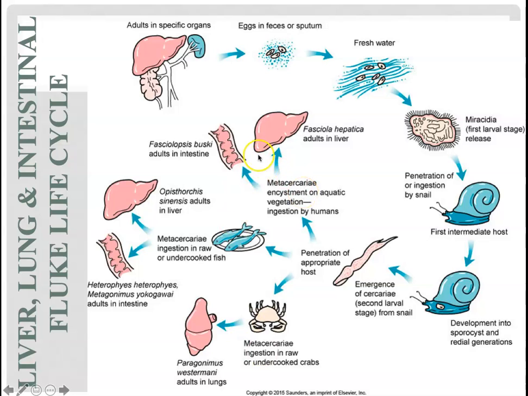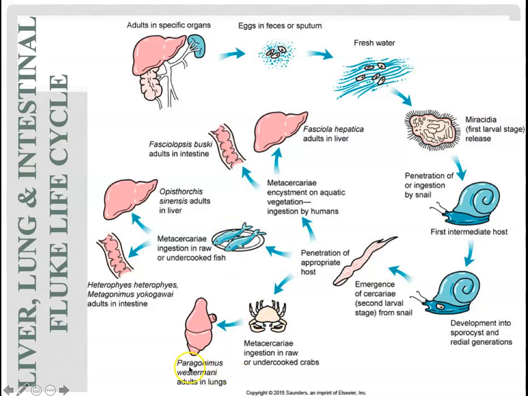So we can get infected with Fasciolopsis buski or Fasciola hepatica by ingesting metacercaria on undercooked water vegetation. The way we get Opisthorchis sinensis and Heterophyes heterophyes and Metagonimus yokogawai is by ingesting metacercaria inside undercooked or raw fish.